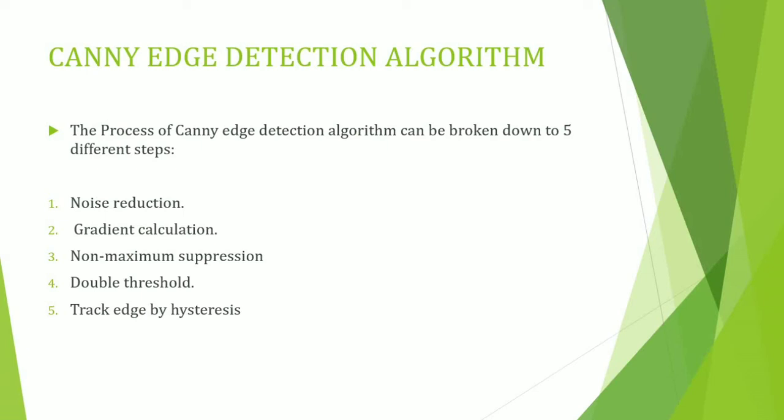So, other pixels are considered non relevant for the edges. In threshold, there are two kinds: the high threshold and the low threshold. The high threshold is used to identify strong pixels, whereas the low threshold is used to identify the non-relevant pixels.